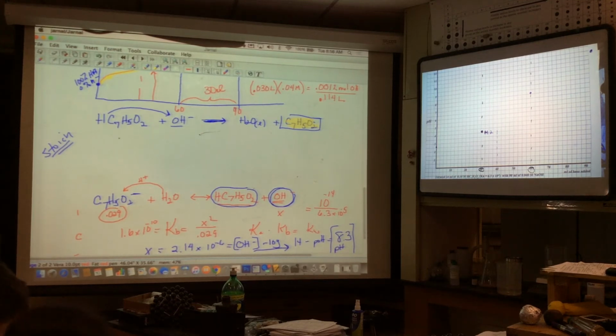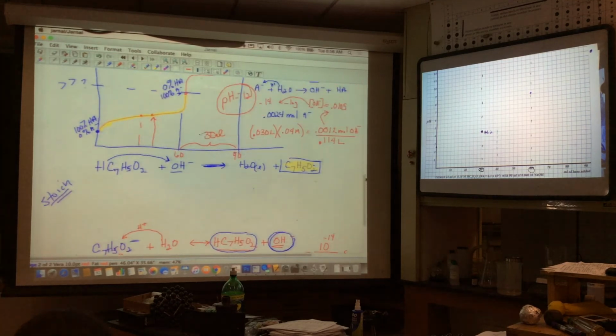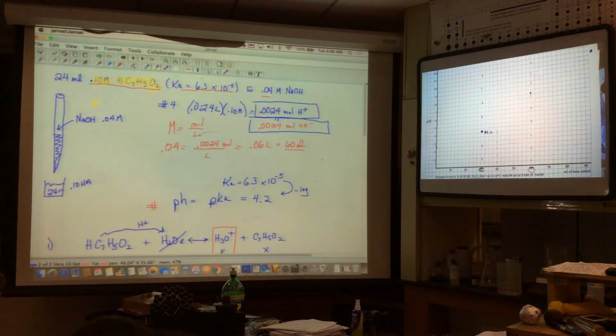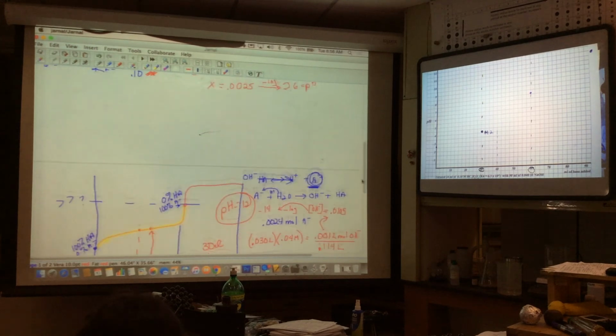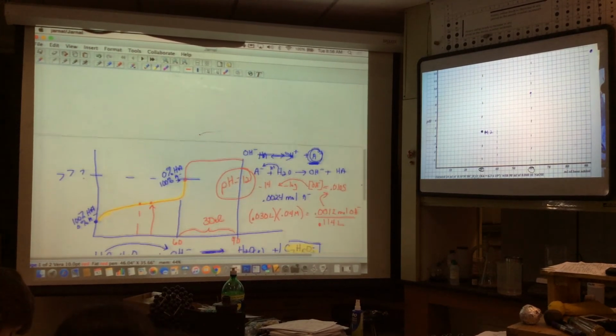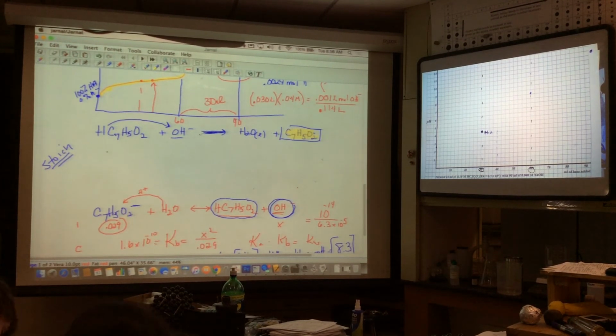First of all, in the beaker, the moles of the acid is the moles of the acid. And we found that doing the equivalence point way beyond where we started here. So the moles of the acid is 0.0024. That's not changing. That's what we started with. I'm going to write mole to remind myself I'm in a stoich table. I'm not doing equilibrium.